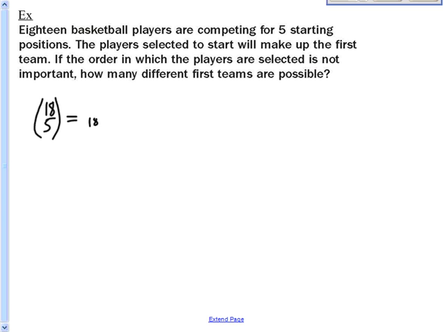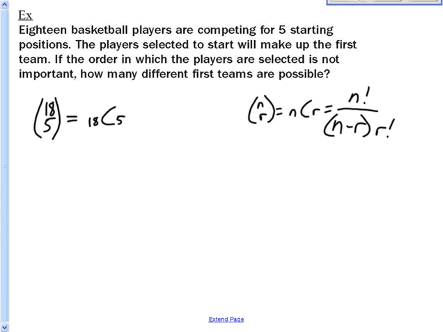So 18 choose 5, and you're plugging it into the n choose r formula, a little different than the permutation formula. 18 is my n, 5 is my r. 18 factorial over 18 minus 5 factorial, 5 factorial.